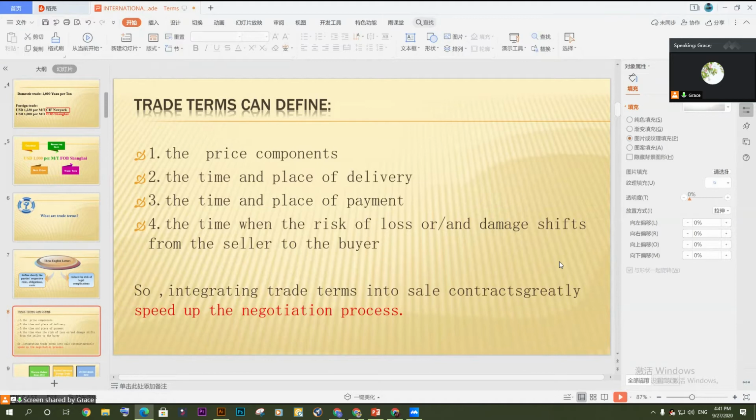And if we have international trade in our deal, we can define these 4 things with only 3 English capital letters, but they have so many meanings. So integrating trade terms into sale contracts greatly speeds up the negotiation process.